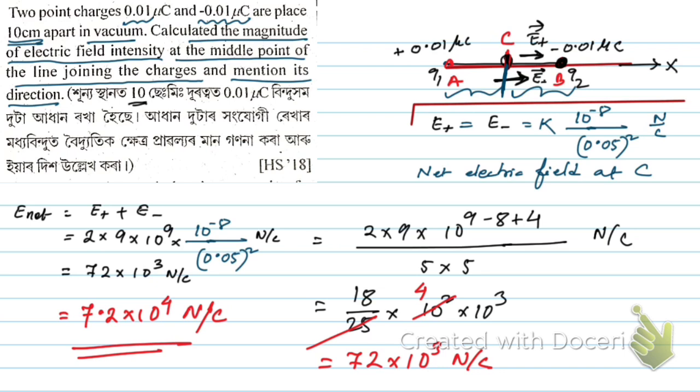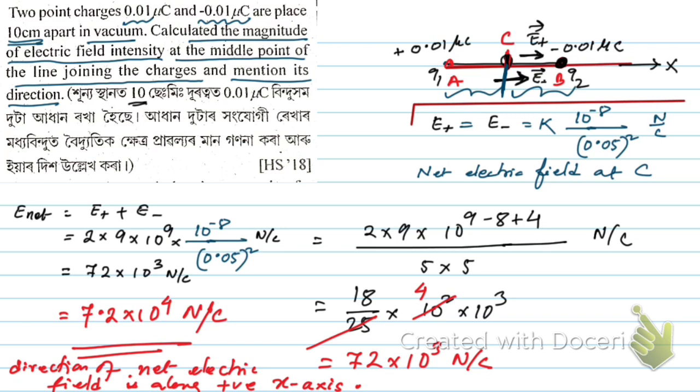So the direction of net electric field is along positive x-axis according to our diagram, okay? Positive x-axis. Hope you have understood this.